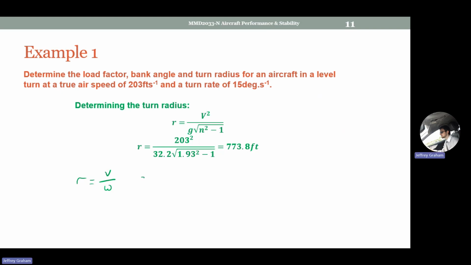So you can prove that: 203 divided by 0.262.